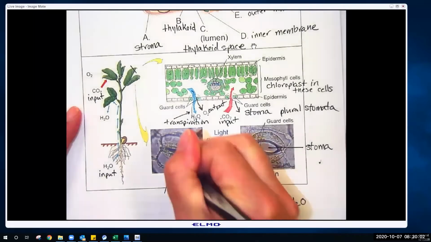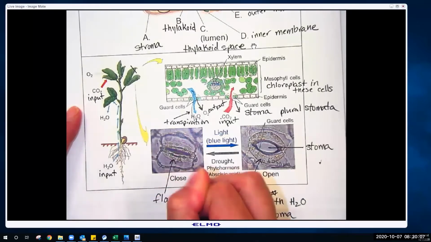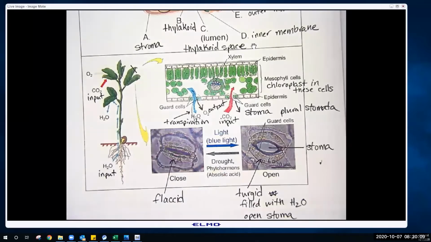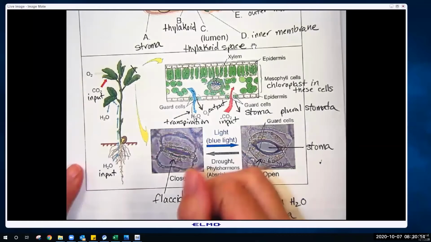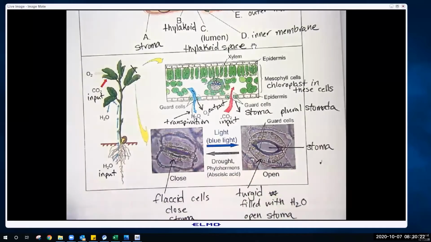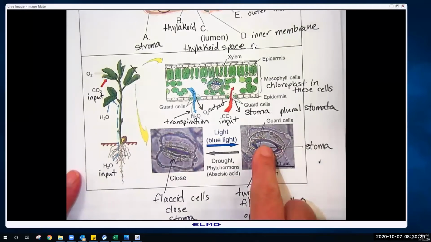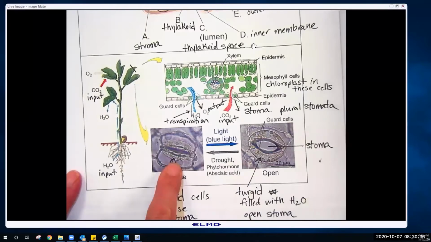So if too much water is lost, these cells become flaccid. And when they become flaccid, those cells flatten and they close the stoma. So if water is plentiful, guard cells are opened up, carbon dioxide can come in. If environmental conditions change and there's not a lot of water and plants are losing a lot of water through transpiration, those guard cells close so that water can be conserved.